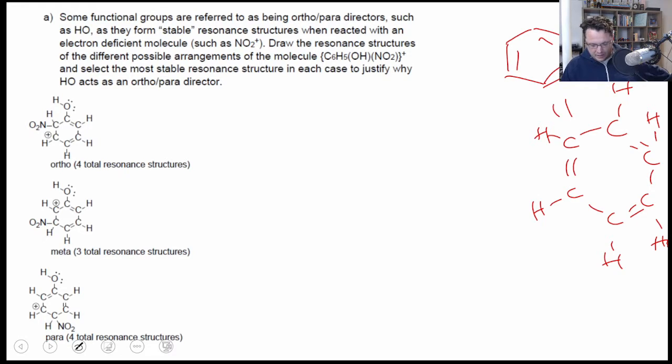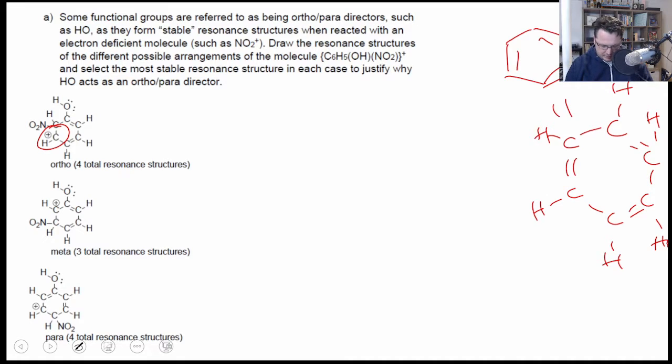And so, looking at this first example right here, right, where we have the ortho binding, right, where it binds to the carbon that's adjacent to the carbon that has the OH group off of it, right, for the NO2, we can see that we have a positive charge right there.